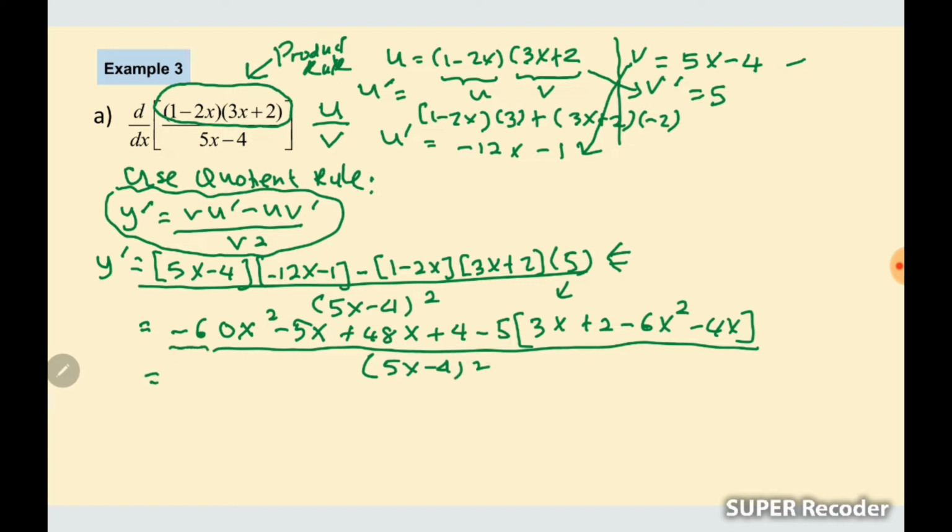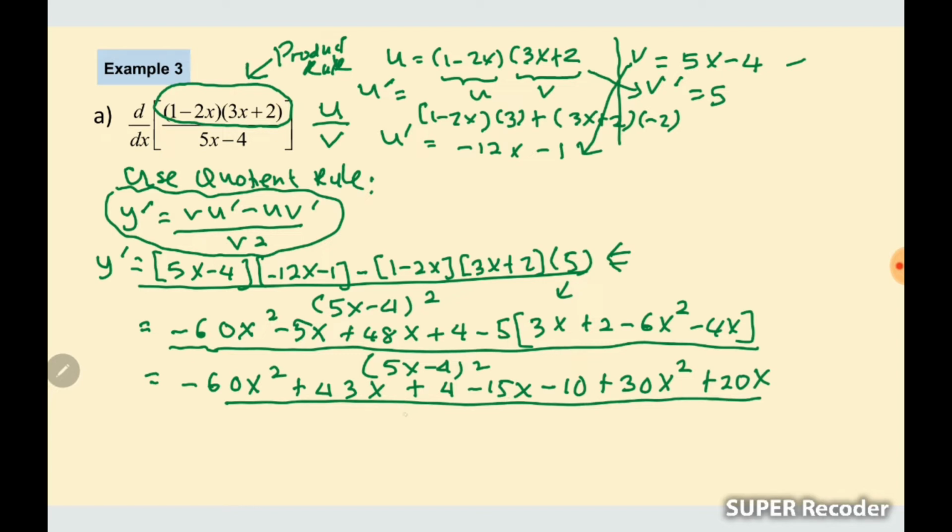Simplify, then we get negative 60x squared plus 43x plus 4 minus 15x minus 10 plus 30x squared plus 20x over (5x minus 4) squared.